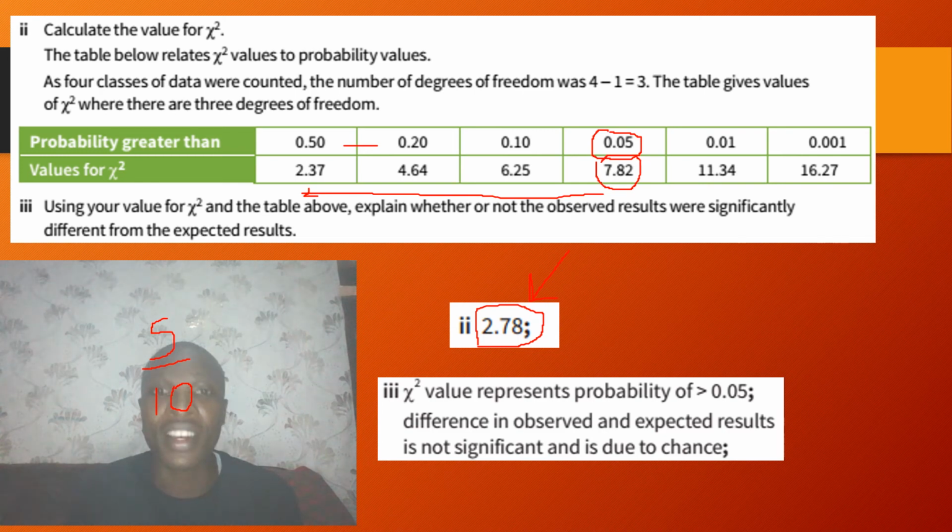That means the difference between the expected and the observed is just occurring by chance, and this value is really very big. So in this case, we say that the observed difference between the expected and observed is non-significant. The results that we have are just due to chance. So we can make a simple conclusion in that form.